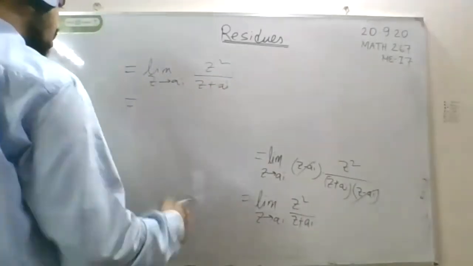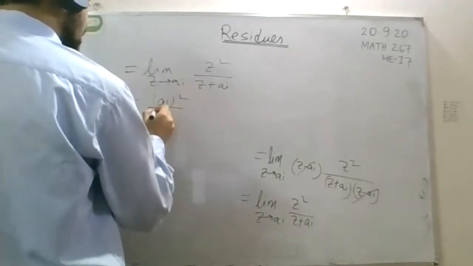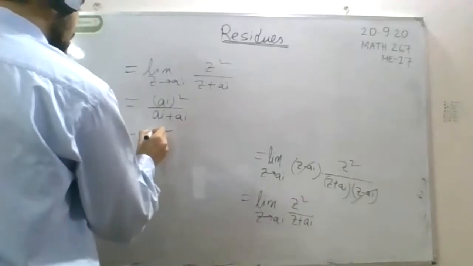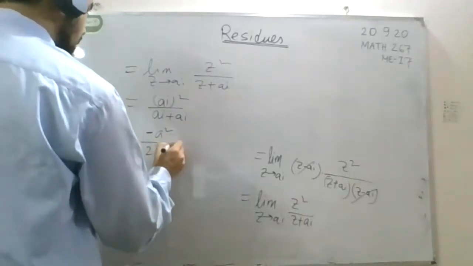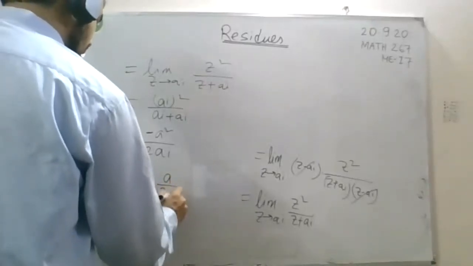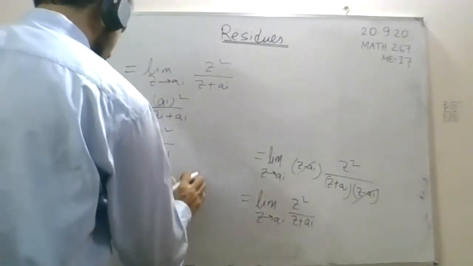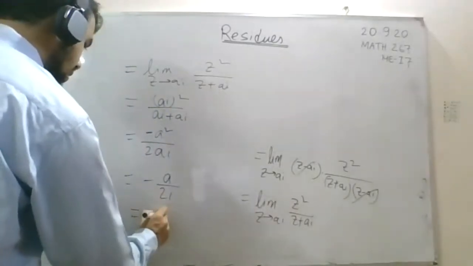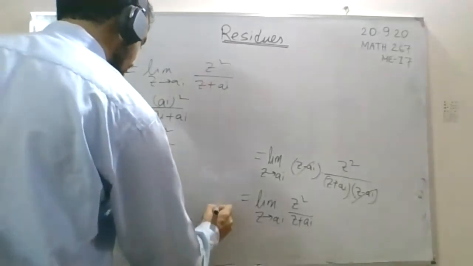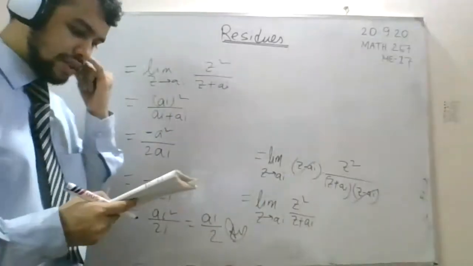And after that, we just put the values here, which is (ai) square and ai plus ai. And after that, we can say this is minus a square divided by 2ai. Okay. And here we can also write a by 2. And again, we can write this as ai square divided by 2i, which can be written as ai by 2. So this is the answer for the positive value ai.